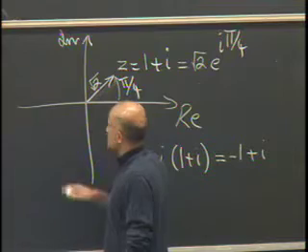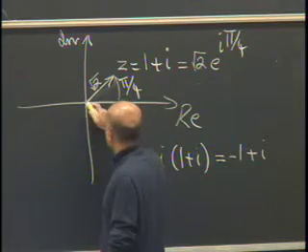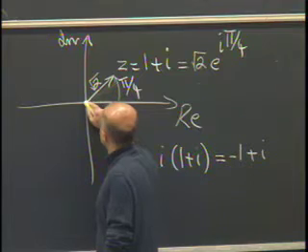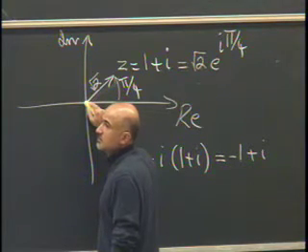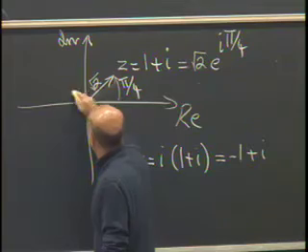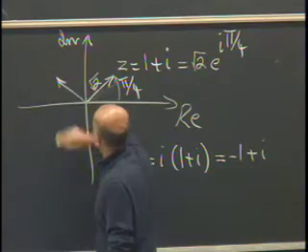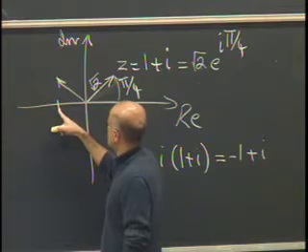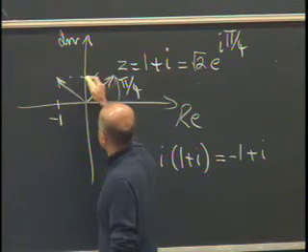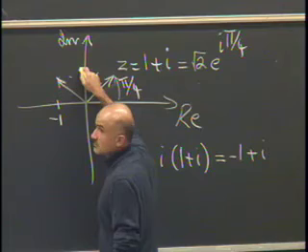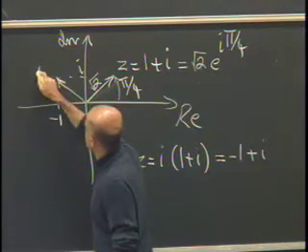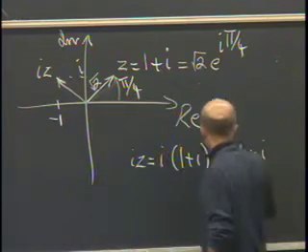Which quadrant is it sitting in? Second one. And how do I draw it? Okay, your hand gesture shows you know what you're talking about. And what's this number here? Negative 1. And this is? I. So this is Iz, which is negative 1 plus I.